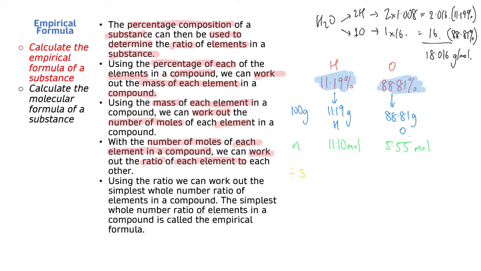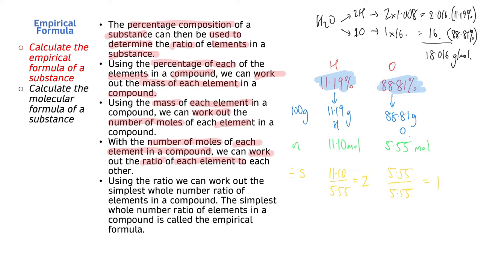Okay, so what you can see there is that 11.1 and 5.55 is effectively saying that there's twice as many moles of hydrogen as there is oxygen. But to get that mathematically, what you would do is 11.10 over 5.55, so I'm dividing it by the smallest, and 5.55 divided by 5.55 equals 1, and this equals 2.